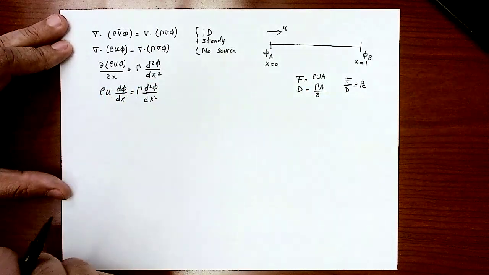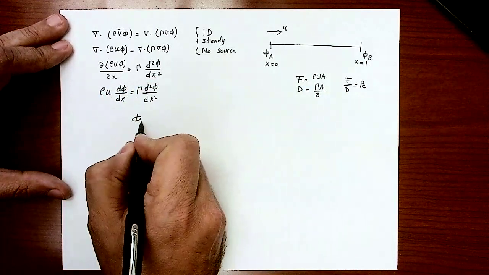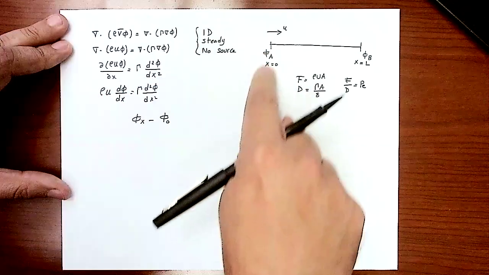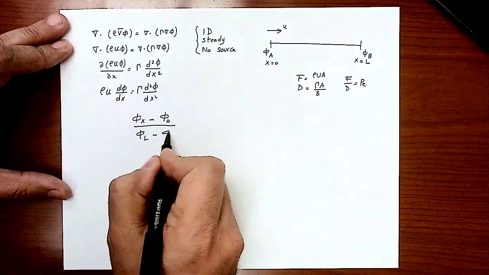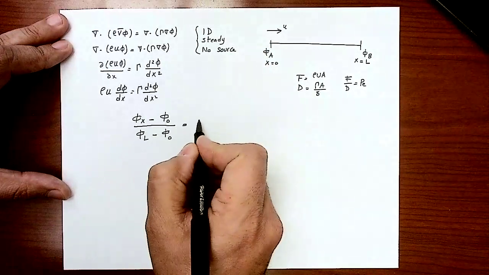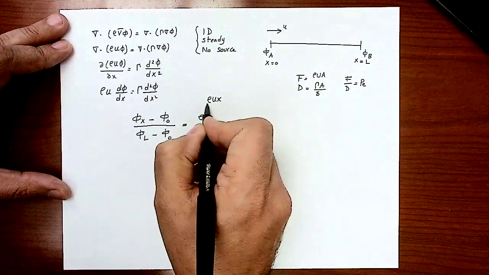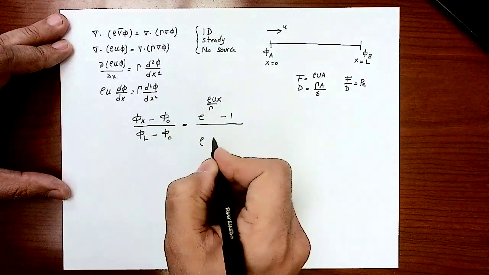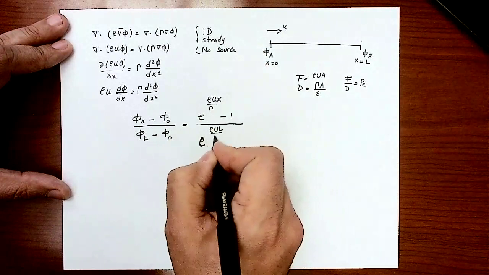When you solve this equation analytically, you will end up having that exact solution: phi at any location x minus phi at x equals 0, divided by phi at x equal L minus phi at x equals 0, is equal to e to the exponent of rho u x divided by kappa, minus 1, divided by e to the exponent of rho u L over kappa, minus 1.